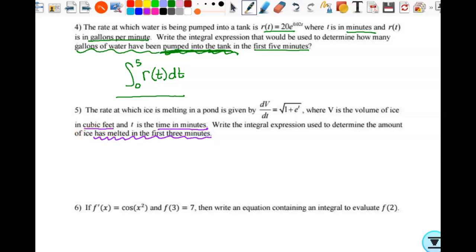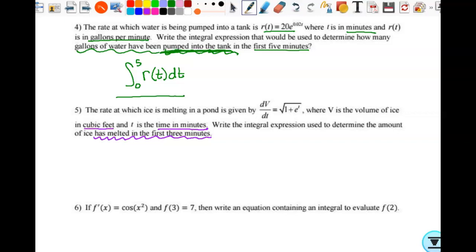Is this pure accumulation or is it a snapshot? Pure accumulation is just how much it has changed, not the volume of the ice at this time. It just said how much has melted, right? It's not asking for the volume of the pond. That's the way the volume's changing, it has nothing to do with that.